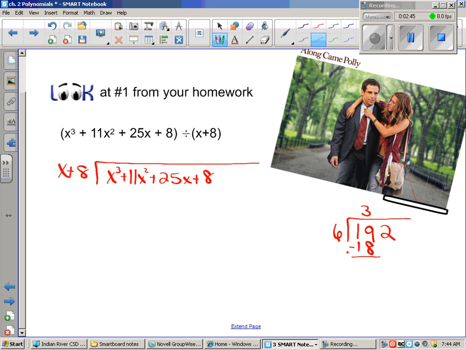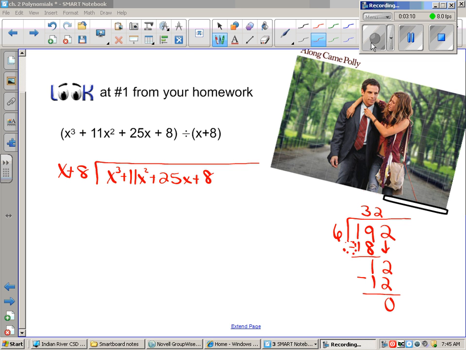Then you have to remember this little key thing. Then you subtract. So 19 minus 18 and you get 1. And then what do we do? We bring down the next term, and then you start all over again. 6 goes into 12 2 times. 2 times 6 is 12. And then you subtract those, and of course in this case the remainder is 0.